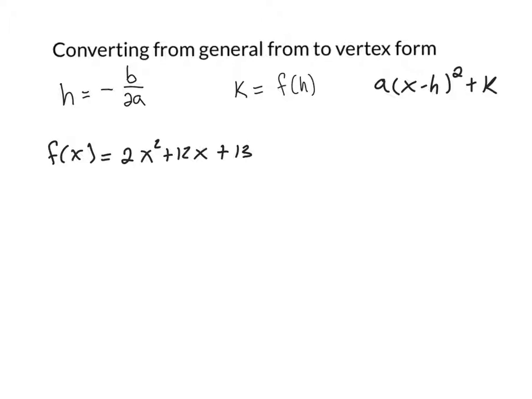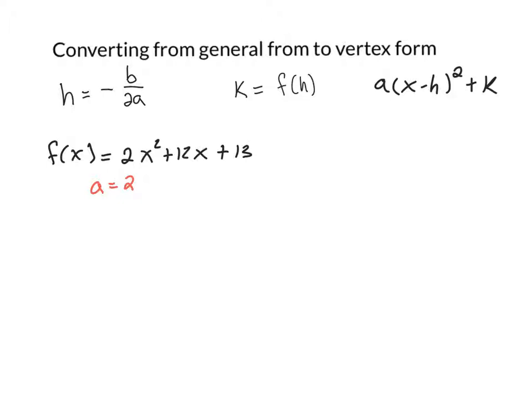What I want to do is convert it to vertex form, a times x minus h squared plus k. First I need to identify all of my different letters and their values.